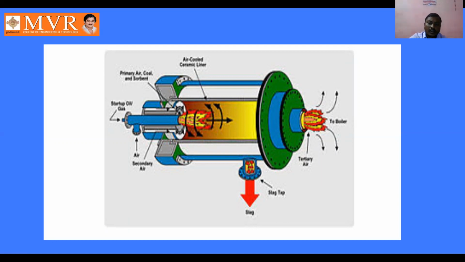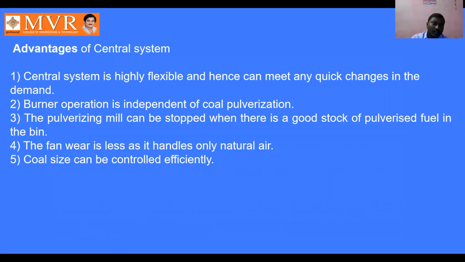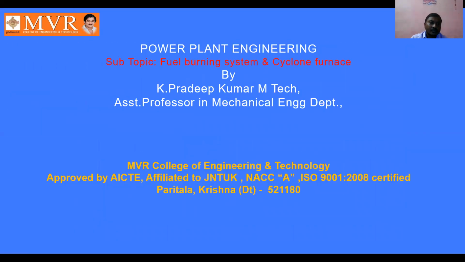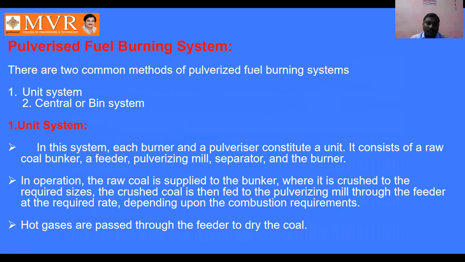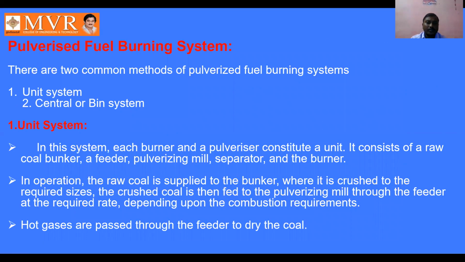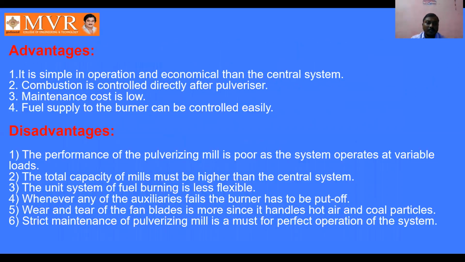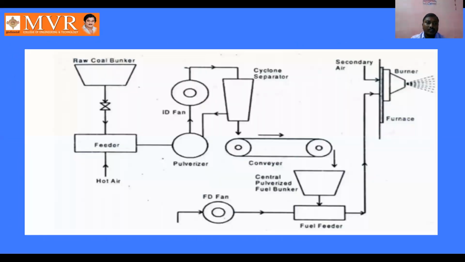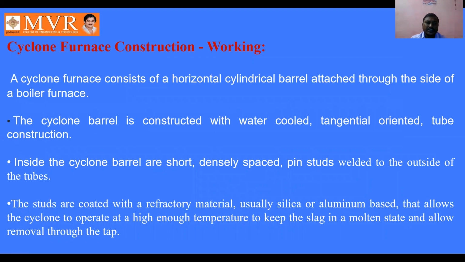This is what we have studied in this lecture today, the fuel burning system and cyclone furnaces. We can clearly understand the topics in this video: the pulverized fuel burning system, and how it is divided into two types, the unit system and the central or bin system, and the cyclone furnace construction and working.